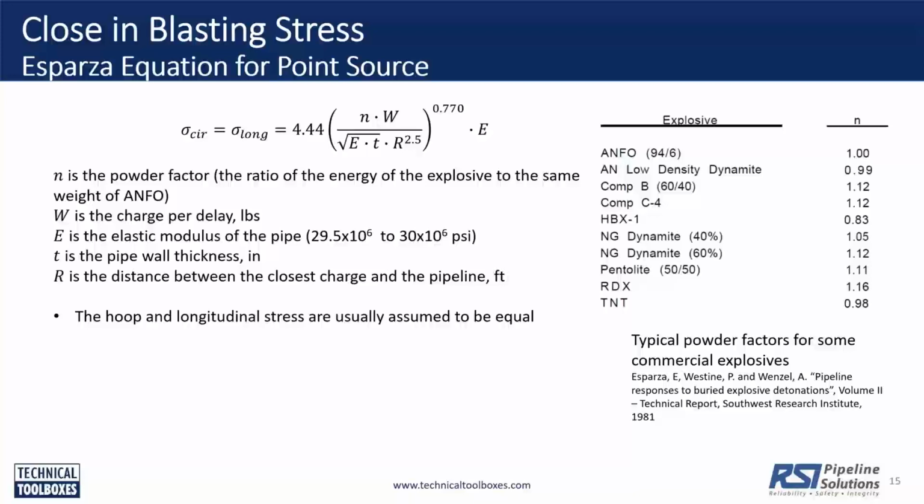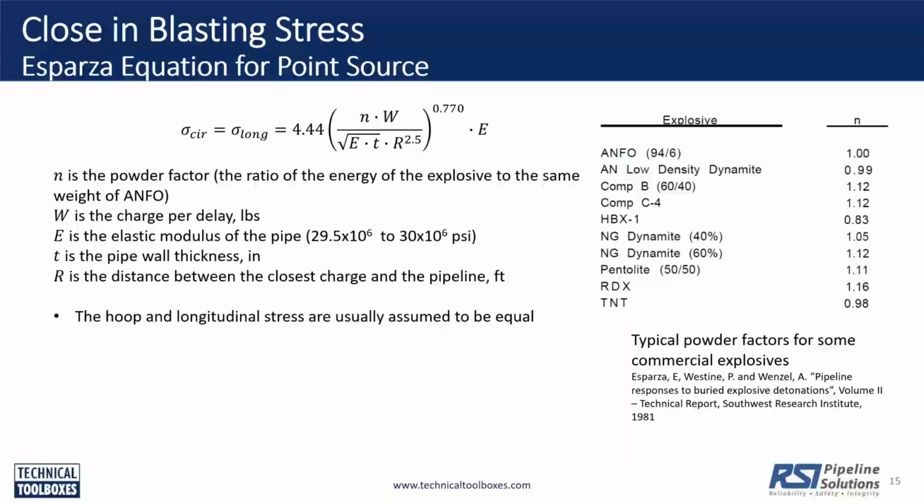Now, we also have a table here on the right side of the slide. What that table gives you is the N factor, because different types of explosives have different amounts of energy per mass. For example, if you have 1 pound of dynamite versus 1 pound of HBX, they produce different amounts of heat.